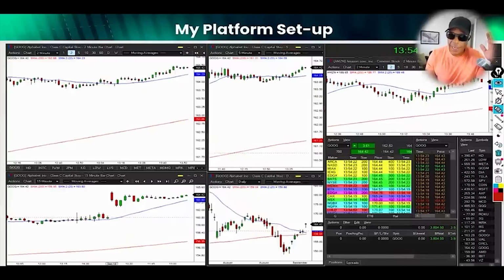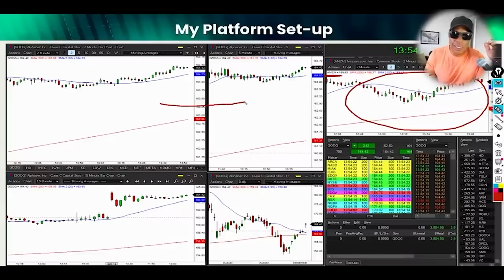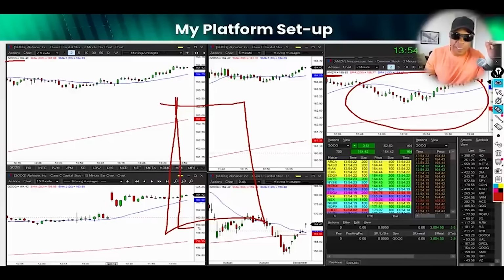Now, on the right-hand side, you see an independent chart here. This is Amazon. These four are all connected together. So when I change a symbol to Google, the symbol changes all 4 of these simultaneously.